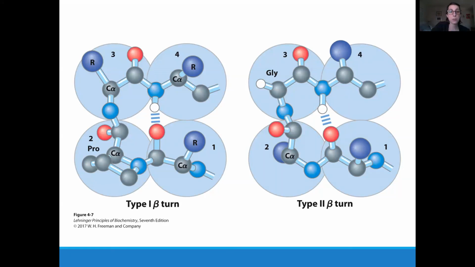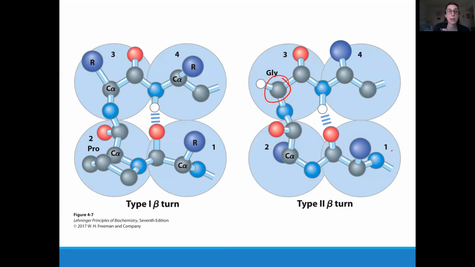The type 2 usually has a glycine in the position of the 3rd amino acid along the turn, if we were to number these 1, 2, 3, 4. And because that glycine is so small, it actually allows for better hydrogen bonding and essentially for more folding and ability of this chain to turn.